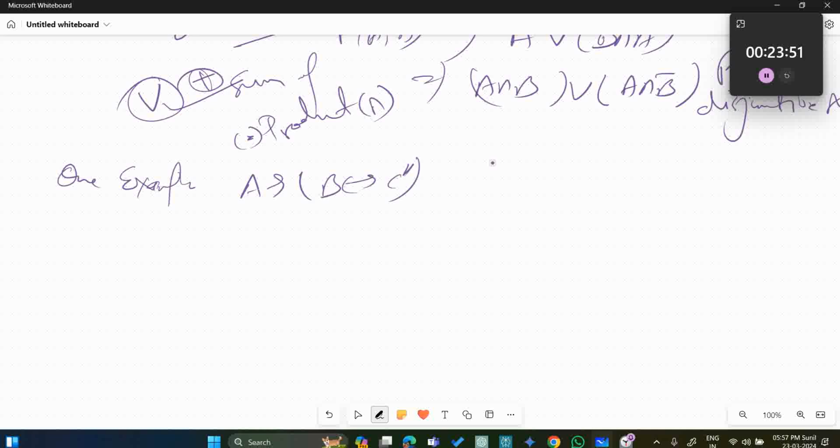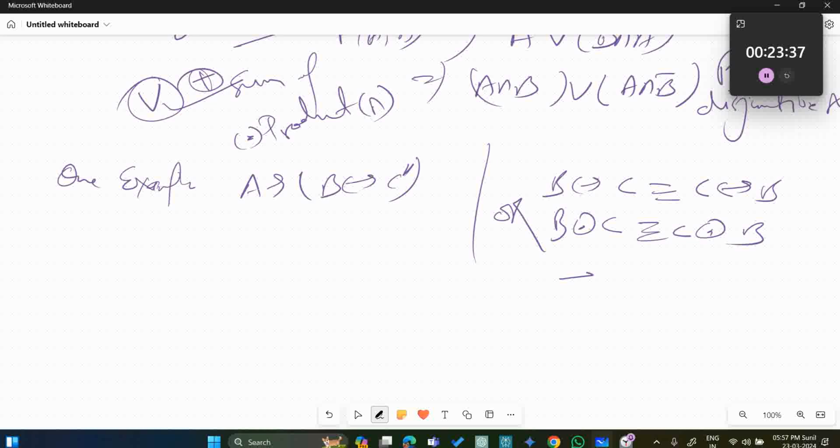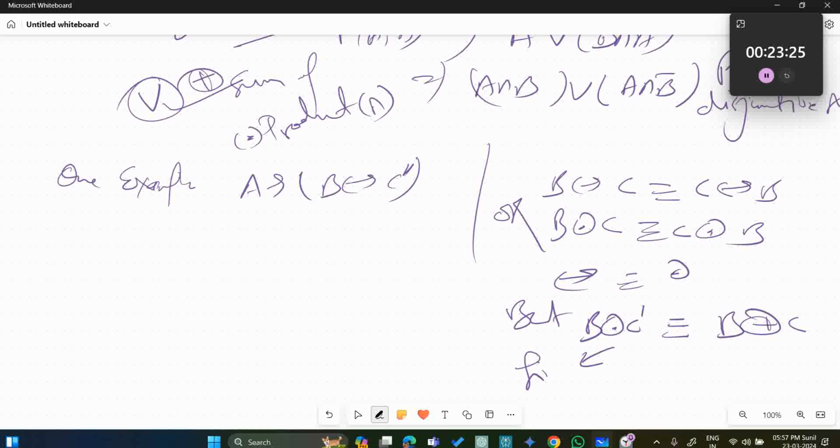Biconditional we already know: B biconditional C is equivalent to C biconditional B, or B XOR C equivalent to C XOR B, and this is equivalent to XNOR, but B XOR C complement is equivalent to B XOR C. This is finding differences.